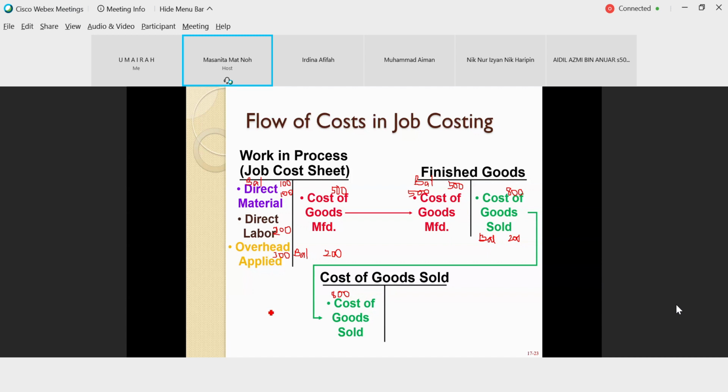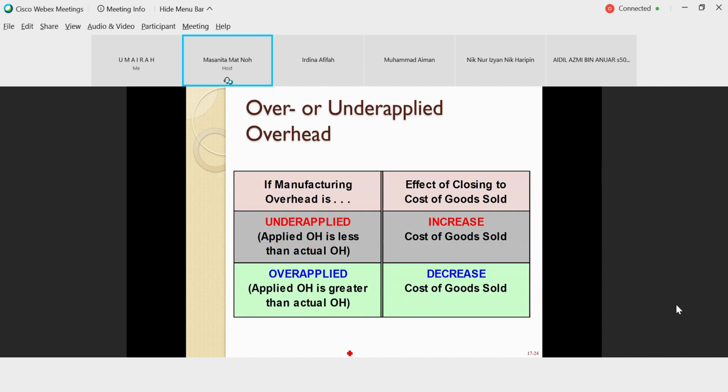Kalau kata ada difference pula, yang tadi apa nama dia? Applied dengan actual of MOH tu pun dia akan masuk kat sini. Kalau kata dia over, itu kita kata apa? Kalau over kita decreasekan dia. Maksudnya kita record di sebelah credit of COGS. Kalau under kita akan recordkan, dia akan tambah, so kita akan recordkan di sebelah debit COGS. Okay, kalau dia over, then kita akan decrease dalam COGS.